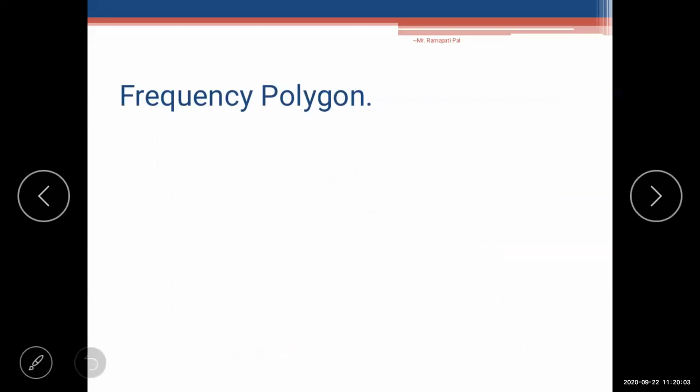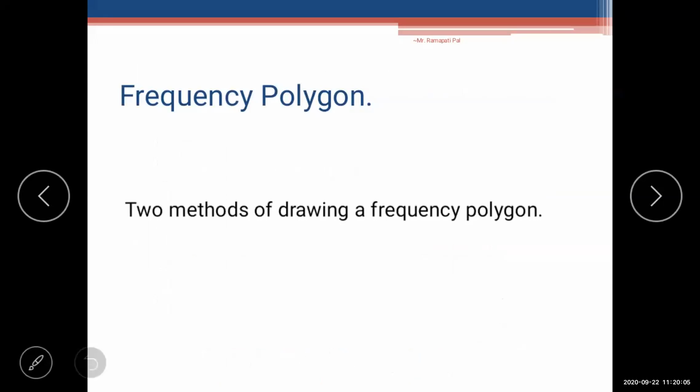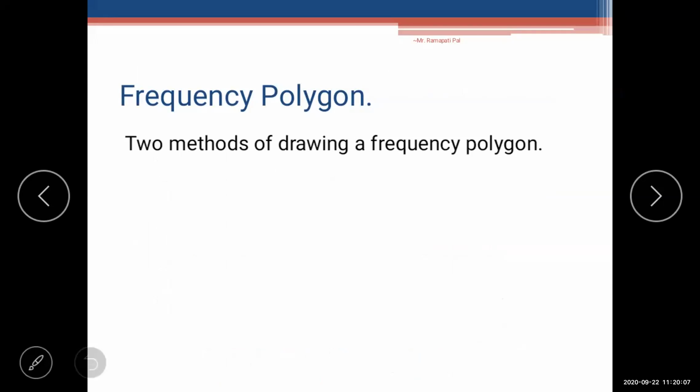Two methods of drawing a frequency polygon. What are they? With the help of a histogram, and without the help of a histogram.